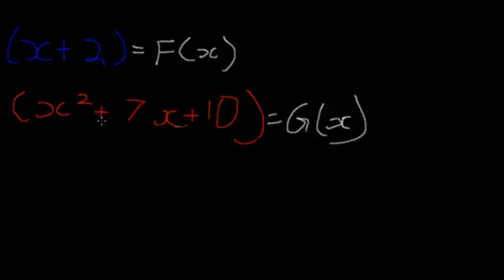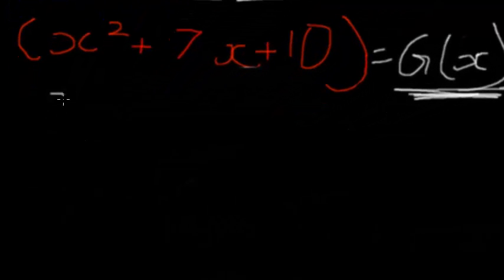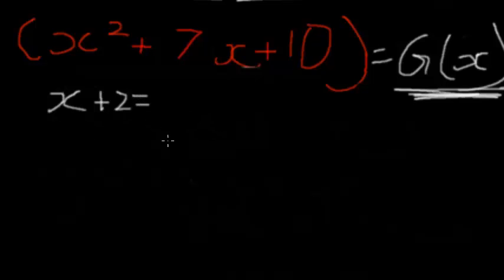So using this, we want to know if f of x is a factor of g of x. So that means we have to find the zero of f of x, which is -2, because x plus 2 makes x equal to -2. So the zero of f of x is going to be -2.